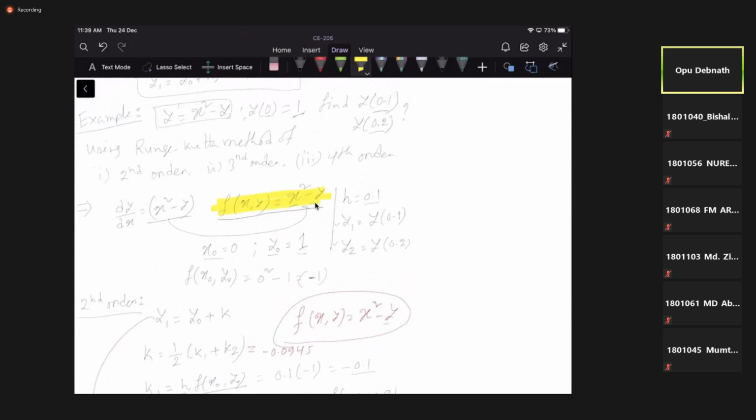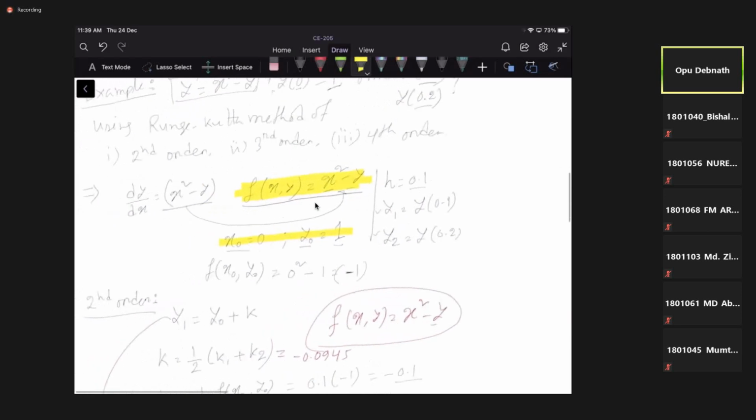After identifying the function, at the next step you need to find the values x0 and y0. Another thing you need to choose is h. Sometimes the question clearly states to use the h value 0.1 or 0.2, or if not given, you may choose any suitable h value. That's up to you.